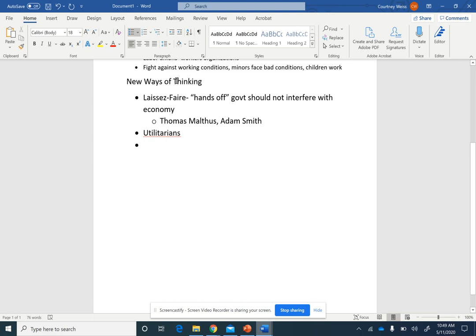With the utilitarians, and this is all in your textbook, we're going to see Jeremy Bentham. He advocates for utilitarianism. Utilitarianism is the idea that society's goal should be that everybody's happy, right?